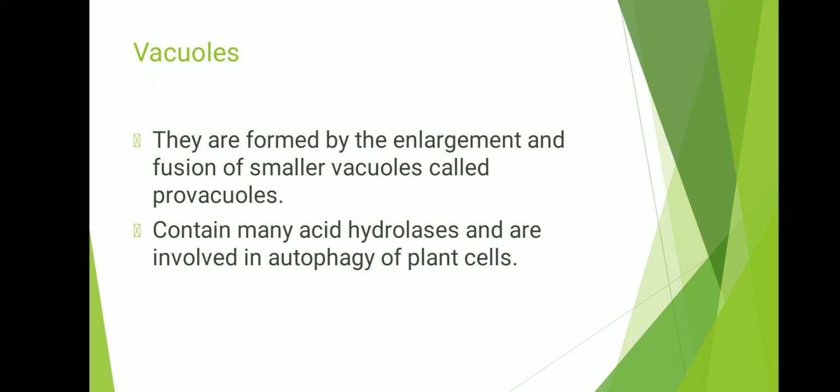Now, vacuoles are enlarged structures formed by the fusion of small vacuoles or small vesicles which are formed from the Golgi bodies. As we have seen when studying how proteins are transferred when they are translated on the ribosomes of the endoplasmic reticulum, these proteins are taken into the lumen of the endoplasmic reticulum.